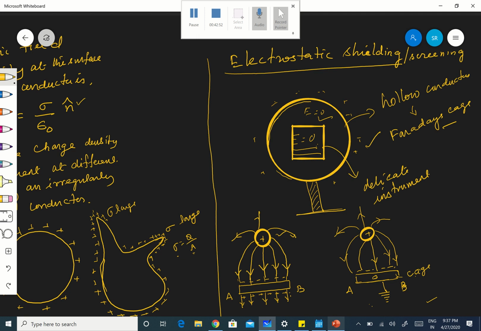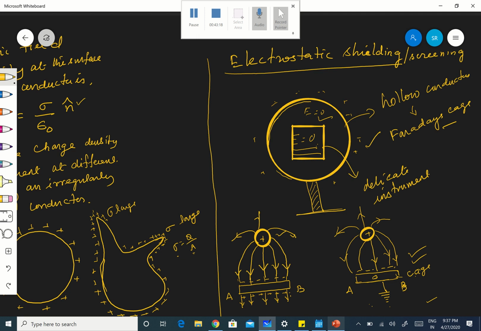These high voltage generators are usually enclosed in such a cage, which is preferably earthed. This will prevent the electrostatic field of the generator from spreading outside the cage. Are you following?